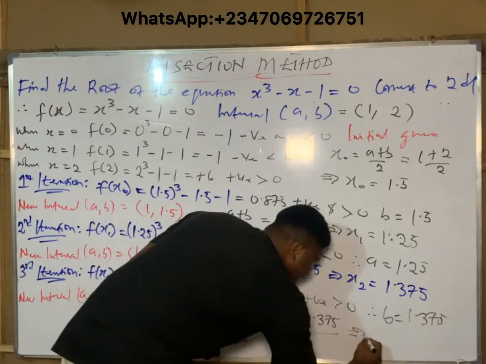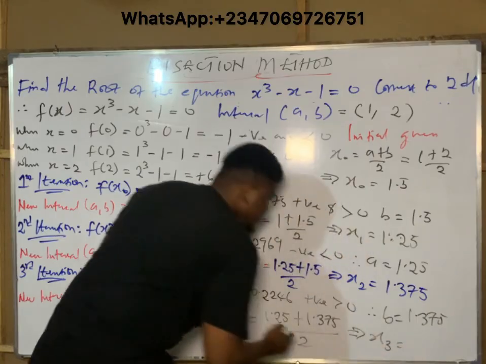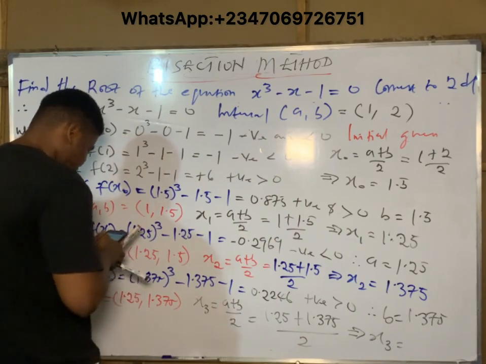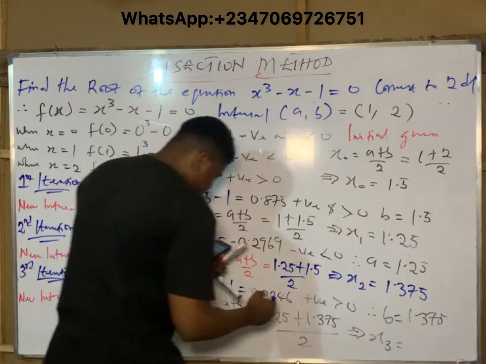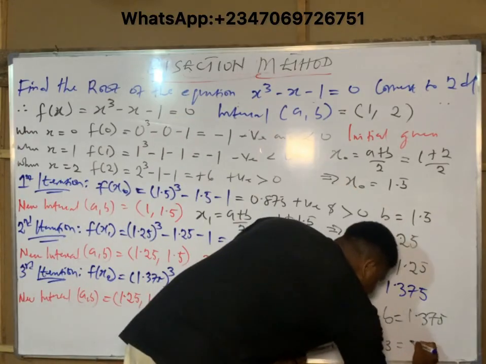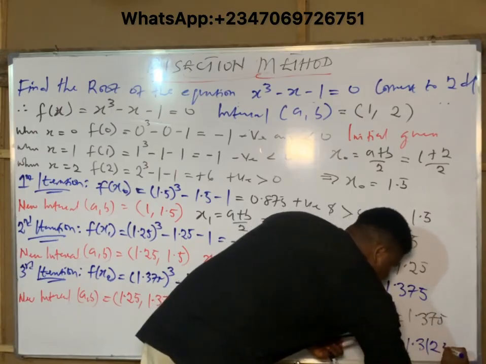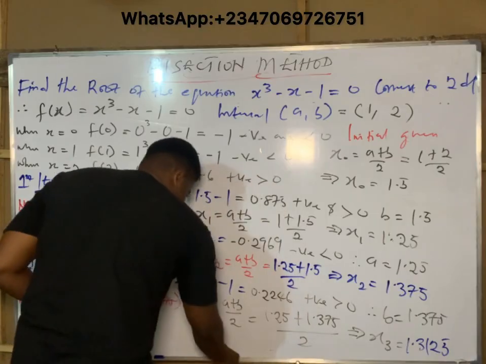So this simply implies that x3 is going to be equal to, so let's find that ratio. So that simply gives us 1.3125 for x3.